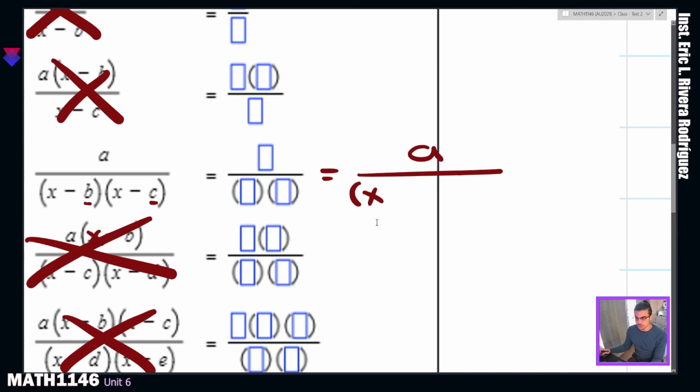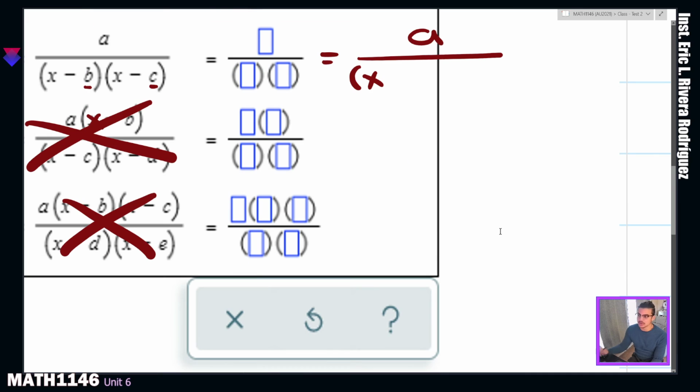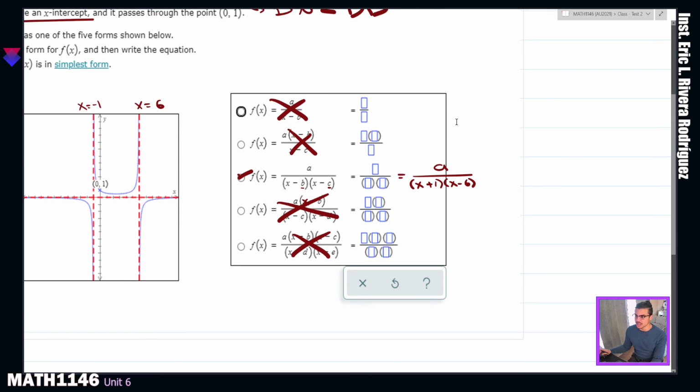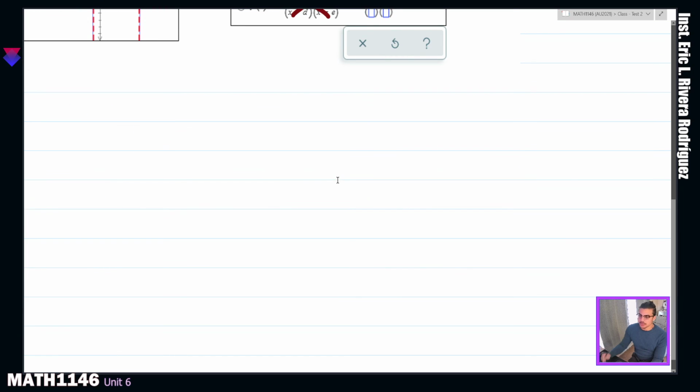So if those are zeros of the denominator, we can bring those into linear factors of the denominator: x plus 1 times x minus 6. Okay? So the only thing that is missing is the value of a. So let me, if I can get this? Nope. Okay. So let me write what we have so far.